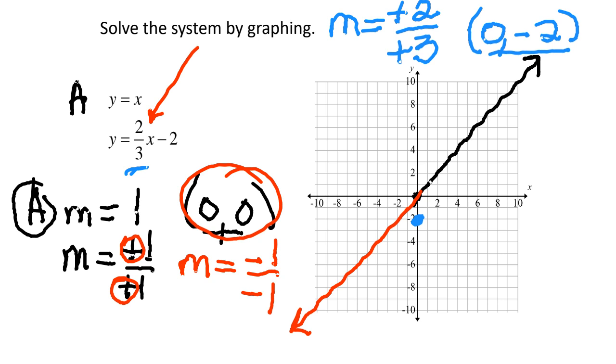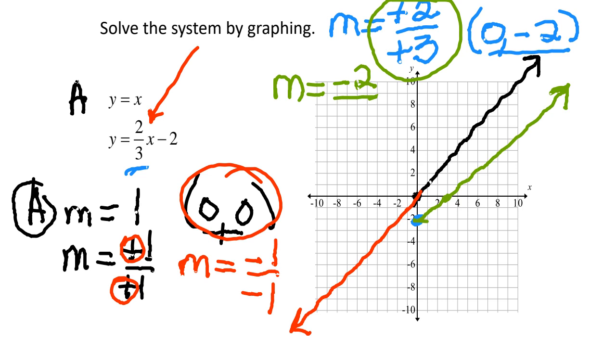That means my graph is going this way. But don't forget, this slope is also a negative 2 over negative 3, which means from this blue dot, I'm going down 2, left 3.